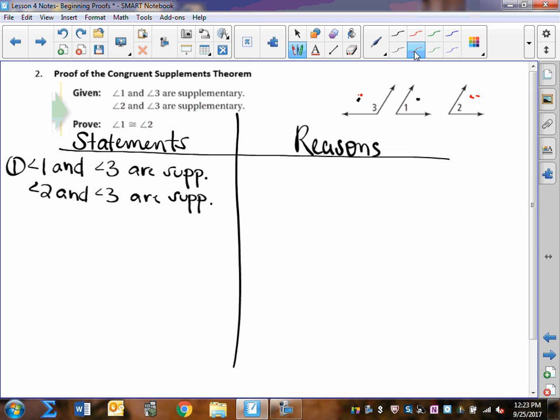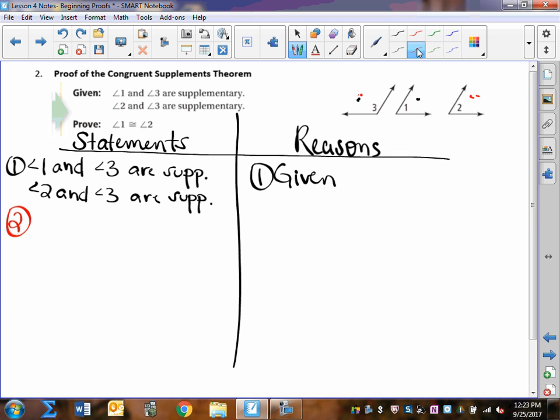Okay, so you're going to notice that this looks pretty similar to that last proof that we were just doing. Since they're supplementary, there's nothing really we can add to our diagram to help us out visually. So let's just go ahead and translate. What does supplementary mean? Their measures add up to 180. Oh my goodness, I forgot my given. Alright, so again, let's translate. They tell us they're supplementary. What do we know about that?